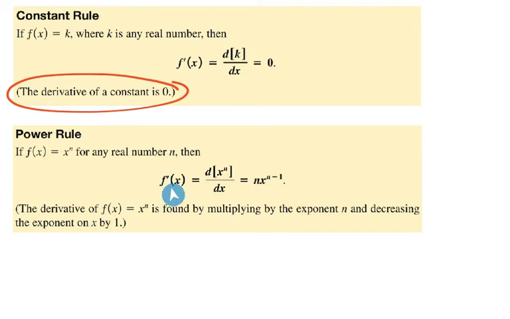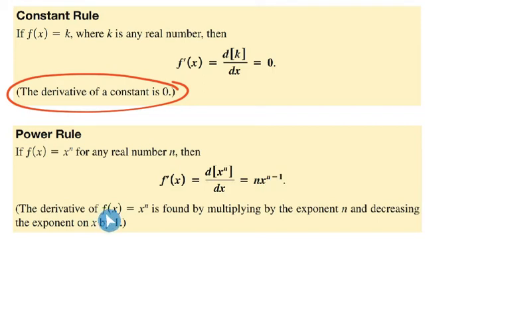The derivative f prime of x is equal to the derivative with respect to x of that function, x to the nth power, or rather n times x to the n minus 1. So whatever we have in the exponent, that value comes in front, and then we subtract 1 from that exponent value and leave it up there.